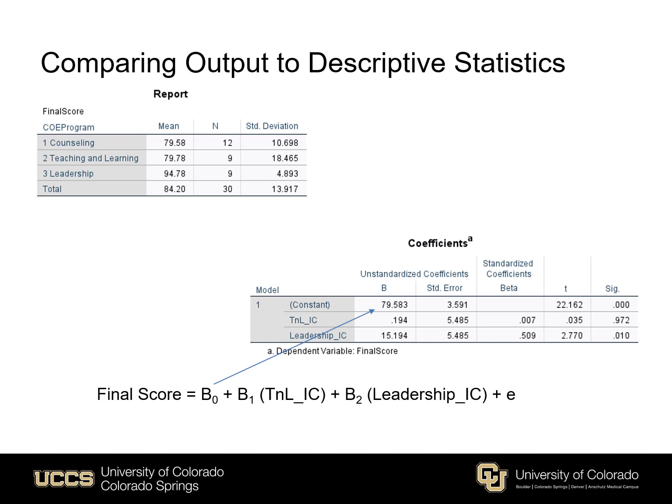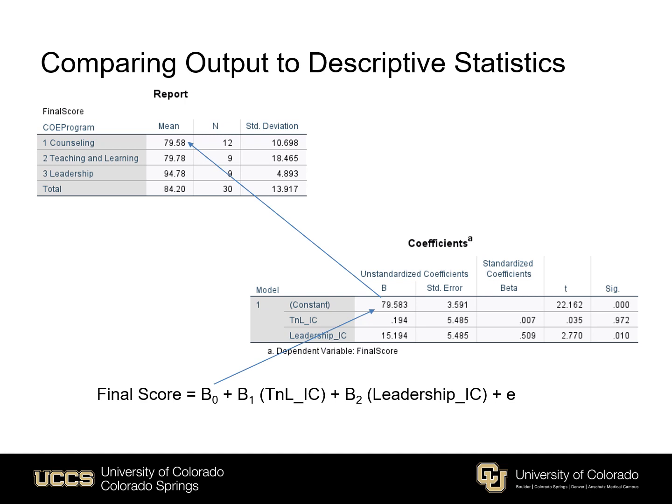I want to draw your attention to the intercept. The model is estimating the intercept to be 79.58. And that is exactly the mean of the counseling group.